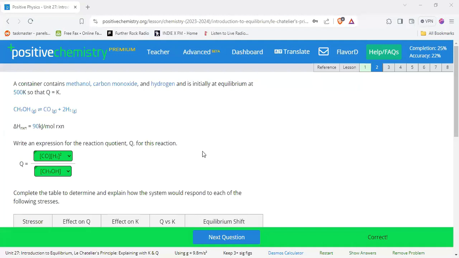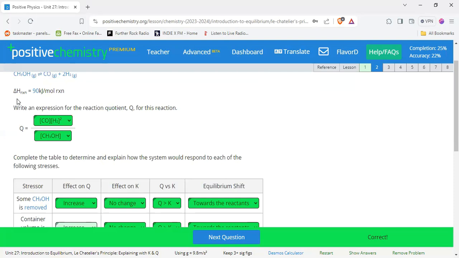Here's question 2. To set up our Q value, it's products over reactants to the power of the number in front. There we go. And our heat is a positive number, so it sits over here. So we removed some reactant, and that makes the denominator go down. If you divide by a smaller number, the answer gets bigger.